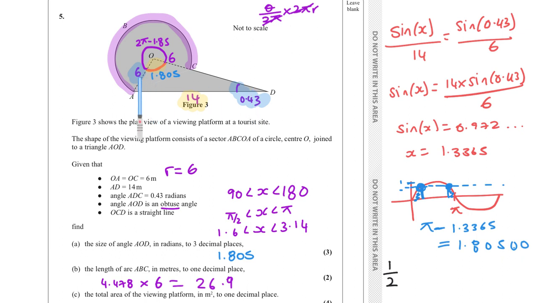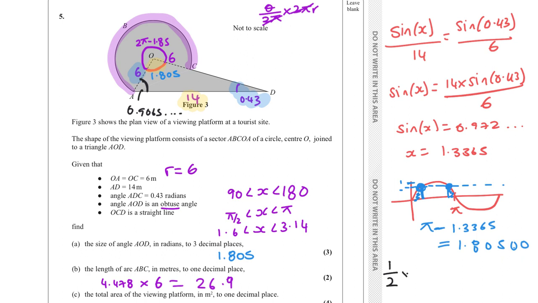So I'm going to use this as my angle. So to make my life easier, I'm going to do pi, which I know is essentially 180, minus 1.805 minus 0.43. That's going to give me this angle here of 0.9065 dot, dot, dot. I'm going to leave it as an answer though.